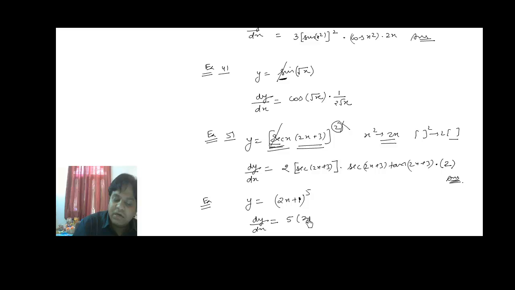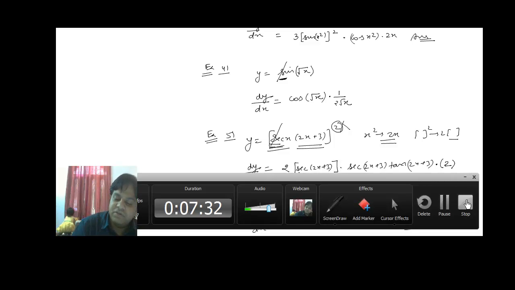So I'll write it as 5 into 2x plus 1 to the power 5 minus 1, that is 4. And now I move inside to see this 2x plus 1 and I'll differentiate it to be 2. So this way we move from outside to inside and differentiate each thing, and thus we get the final result of differentiation.